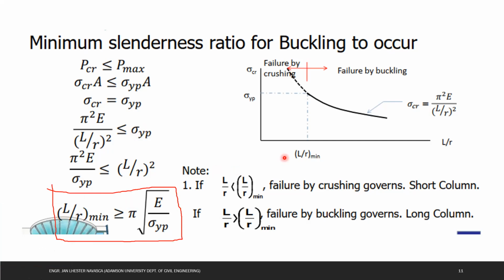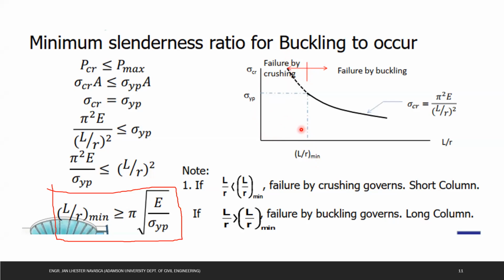Okay, so if you graph the slenderness ratio versus the critical stresses, sigma YP and sigma CR, anything below the minimum slenderness ratio is failure by crushing. So it means that our column will only fail by crushing.